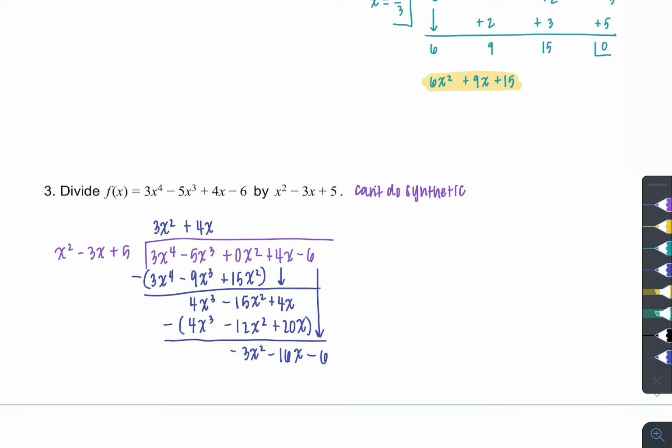So what do we multiply x squared by to get negative 3x squared? So we multiply by negative 3. So we get negative 3x squared plus 9x minus 15. Subtract that whole thing. Get 0, negative 16 minus 9 is negative 25x.